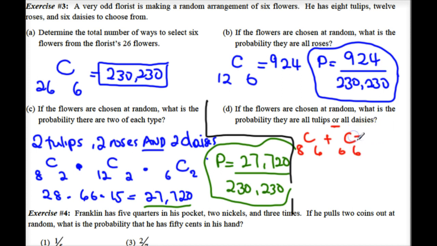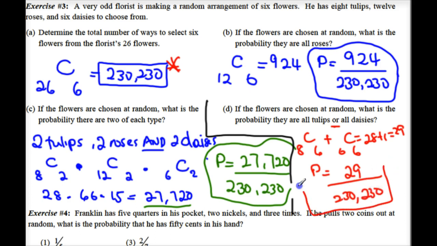This is actually going to equal 28 plus 1, which is 29. So therefore the probability would be 29 out of my total, which goes back to part A, 230,230, and this would be my final answer.